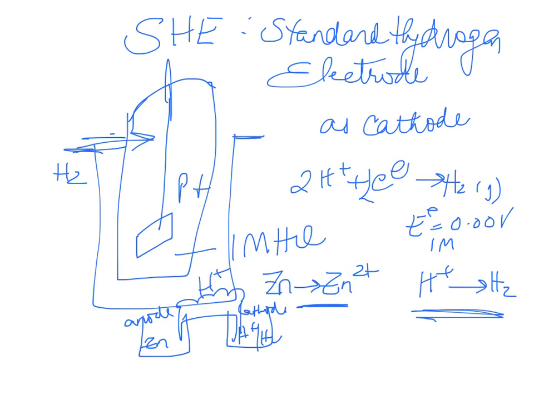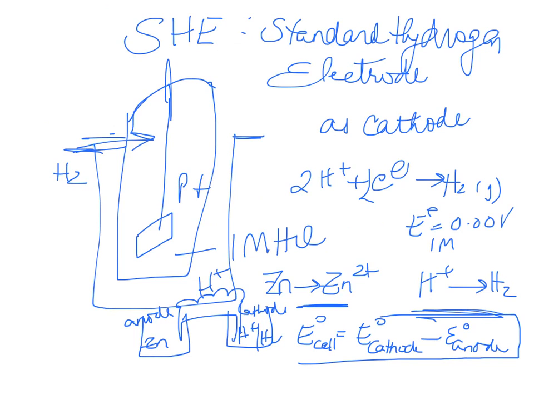If you wanted to determine the E naught cell, essentially you would say that the difference in the voltage between the cathode, E naught cathode, minus E naught anode is what is going to give you your overall E naught cell.